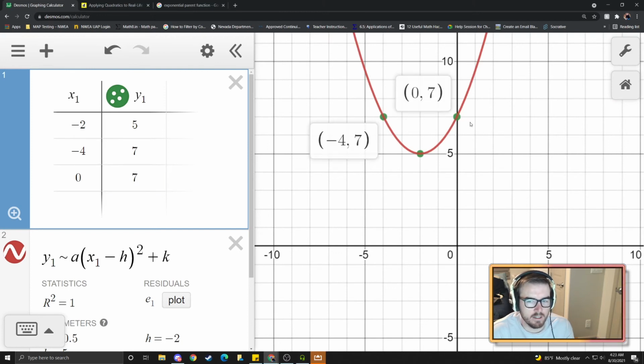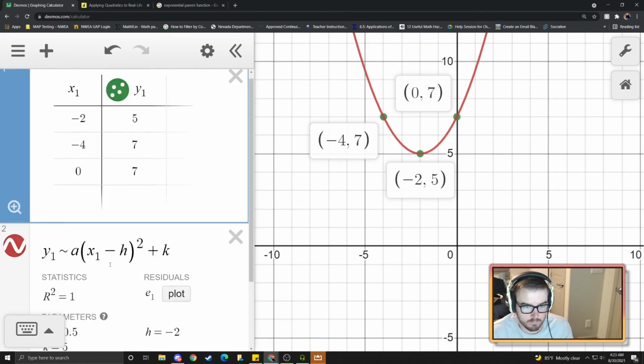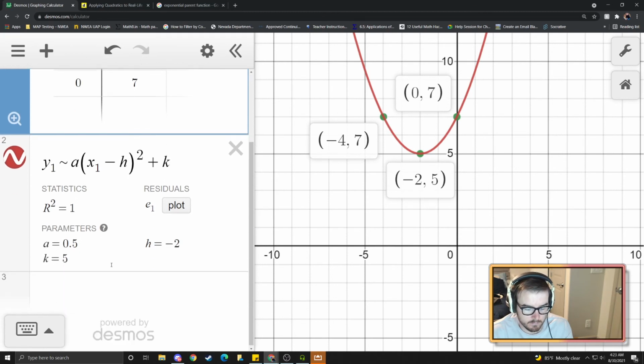And now Desmos is convinced that, oh, that's the vertex. Gotcha, right? So you can see here that H and K are exactly what we wanted them to be. And A is a half.